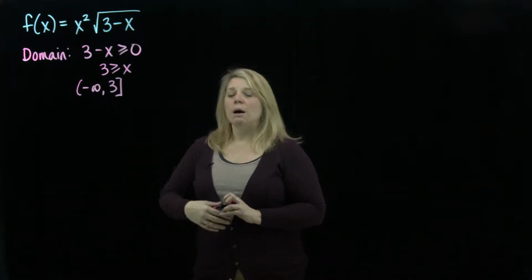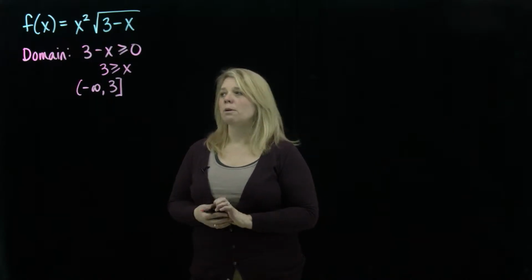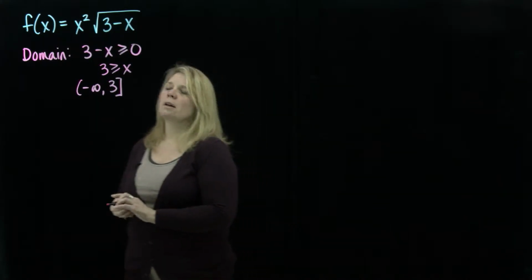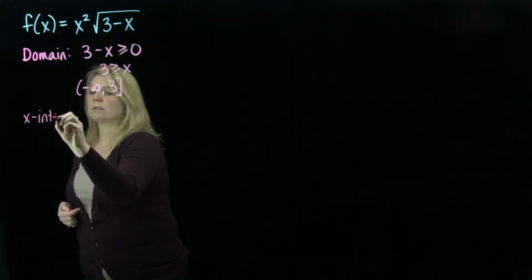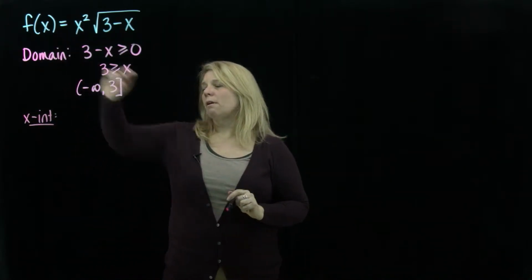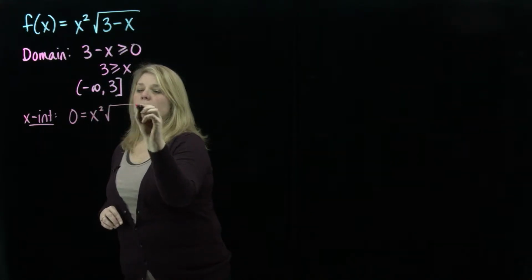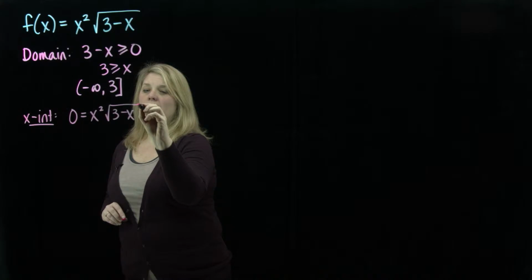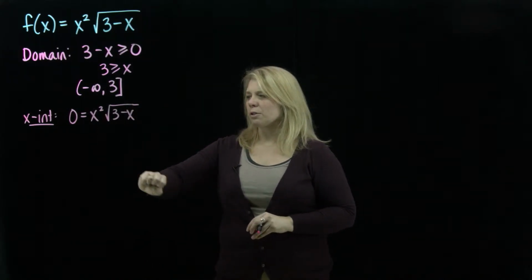Other things that might be helpful here is to think about some important points on the graph. On any function, important points would be intercepts for the graph. So x-intercepts occur when y equals 0. So I'm going to put 0 in for the output of the function and solve for x. I'm not going to write out all of that algebra here because hopefully you all are OK with algebra.